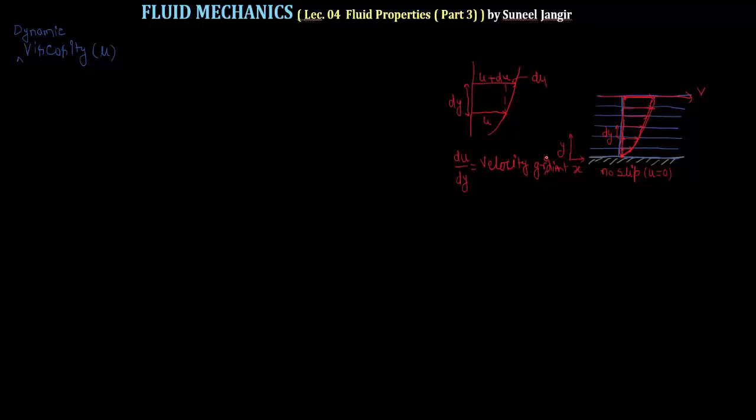Now for particular types of fluid, like water, the velocity gradient is maximum between these two adjacent layers, because here the velocity is 0 and there is a sudden change in the velocity.